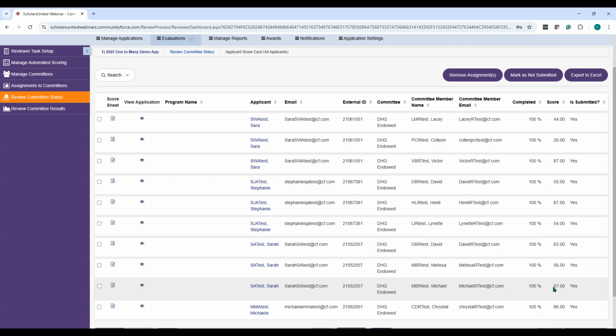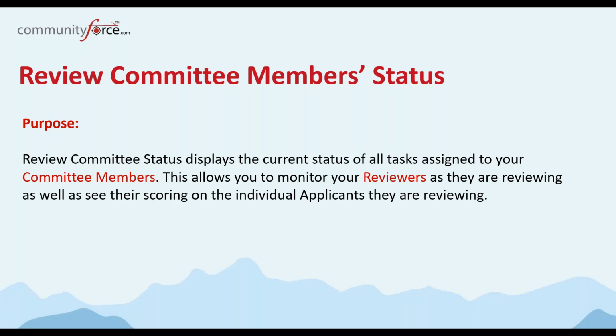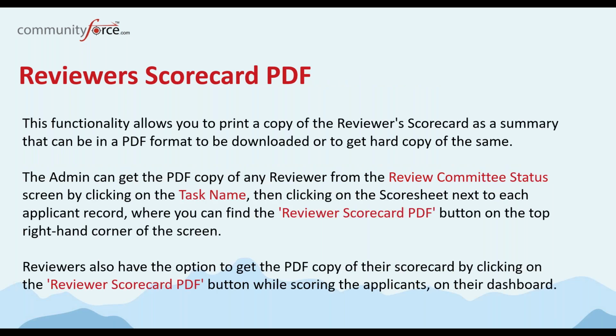So now, from here, I can drill down and actually see the results of what's happening. Let's just go to the next slide here. And if I click on this, the next thing is looking at the scorecard PDF as well as looking at the scores of the reviewers. How do you get that information?